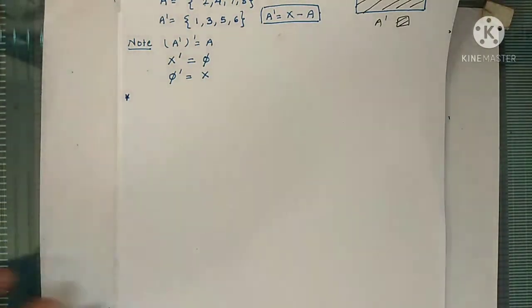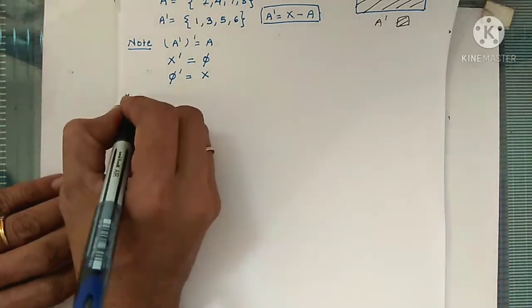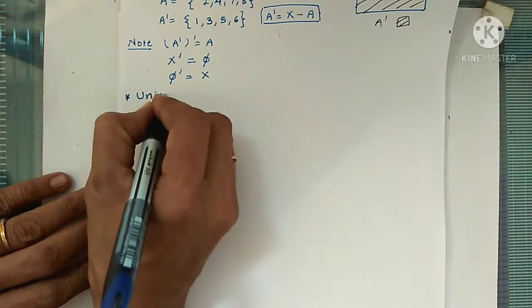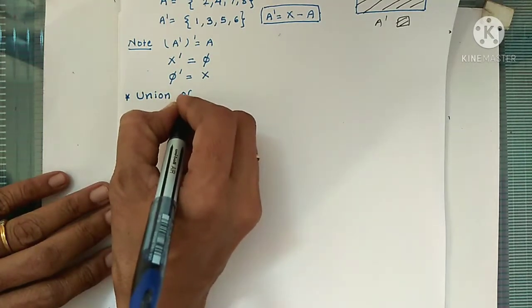The second operation is union of two sets. So let's now consider two sets.